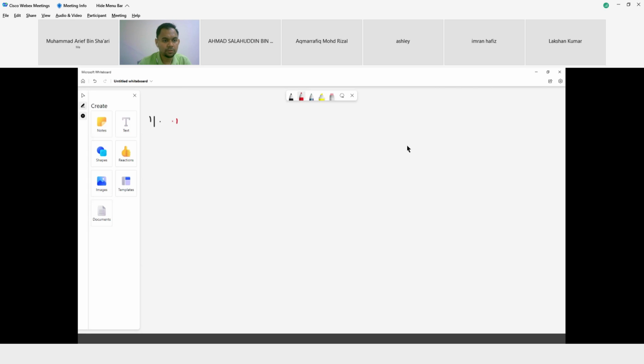As usual, step number 1, we have to write down all the values given in the question.